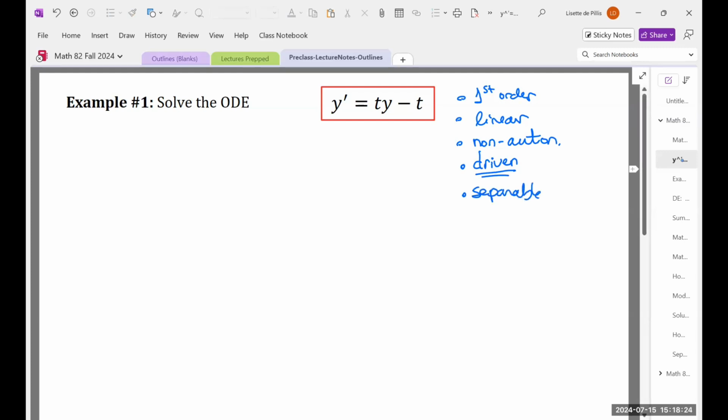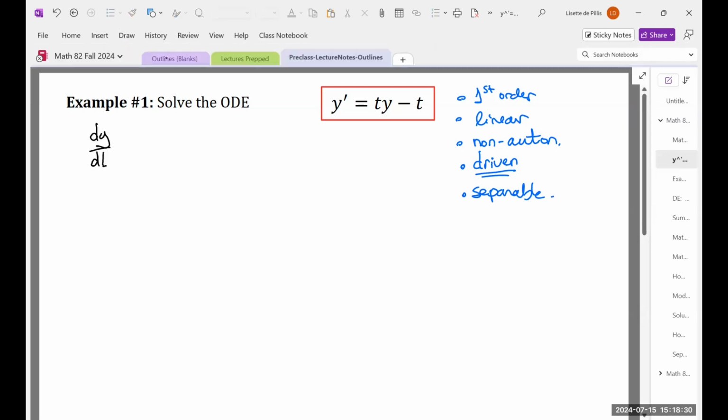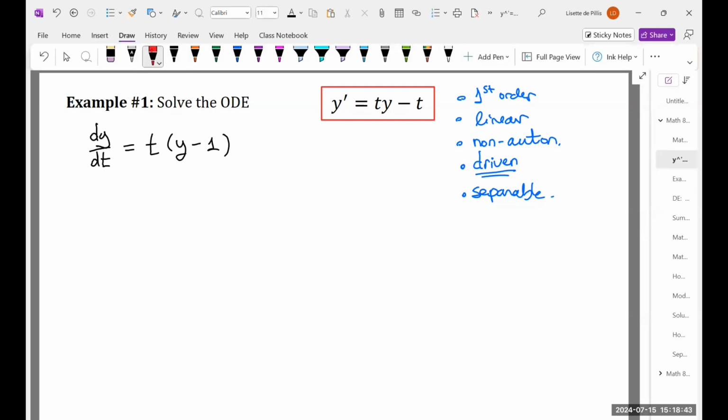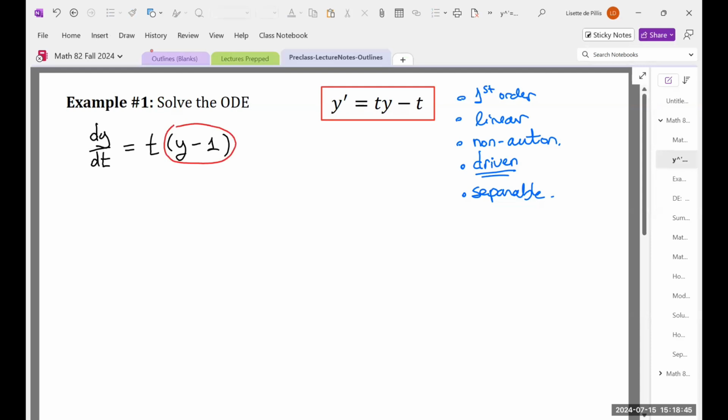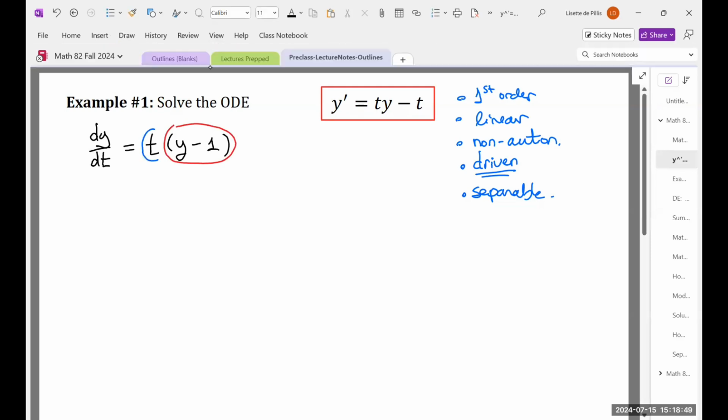Good news. All right, so let's take dy/dt equals t times (y minus 1). So I'm doing a slight rewrite just to see that it is obviously separable. And we're going to take our function of y alone and move this down into the denominator, and our function of t alone and keep that up in the numerator.